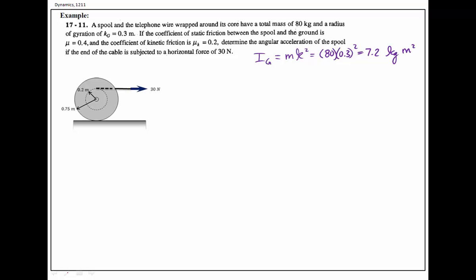Okay. Something we want to know is what is the criteria of whether the thing will slip or won't slip, because we're talking about the coefficient of friction here. We had the static coefficient of friction and kinetic coefficient of friction. So that's going to tell us, will it slip at the connection point with the ground? So we know that if the actual friction force is less than or equal to 0.4 times the normal force, it doesn't slip.